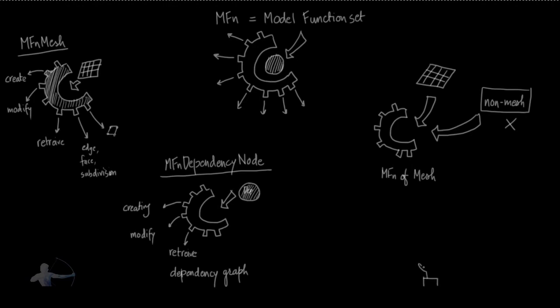So we would provide them the input through a handle, which can be MObject and it can be MDagPath. So these are the two usual ways of providing inputs to the function set.